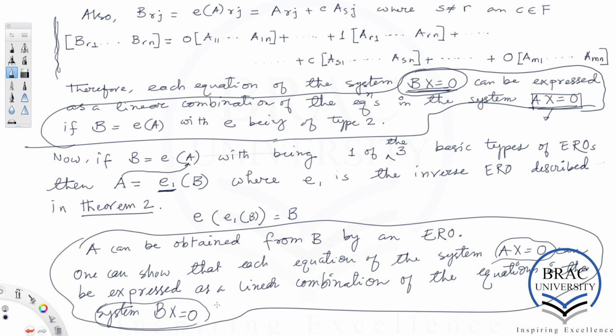And hence by theorem 1, the two homogeneous systems Ax is equal to 0 and Bx is equal to 0 have the same solutions. Okay, QED.